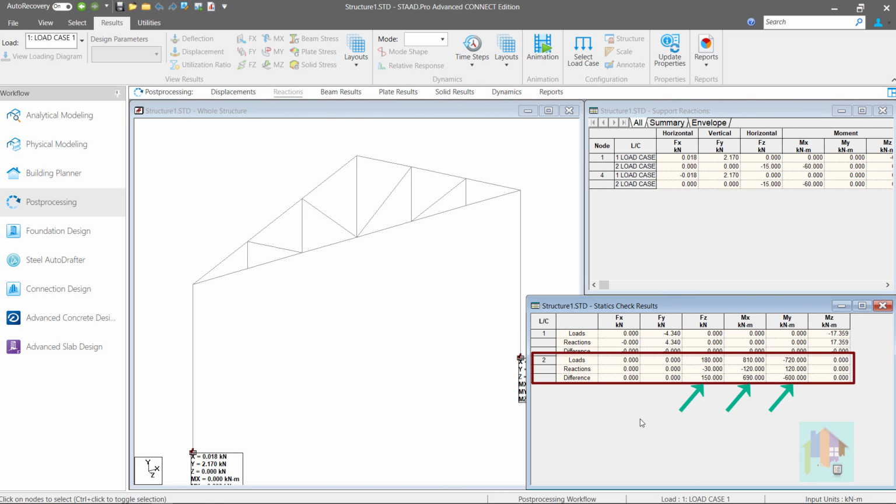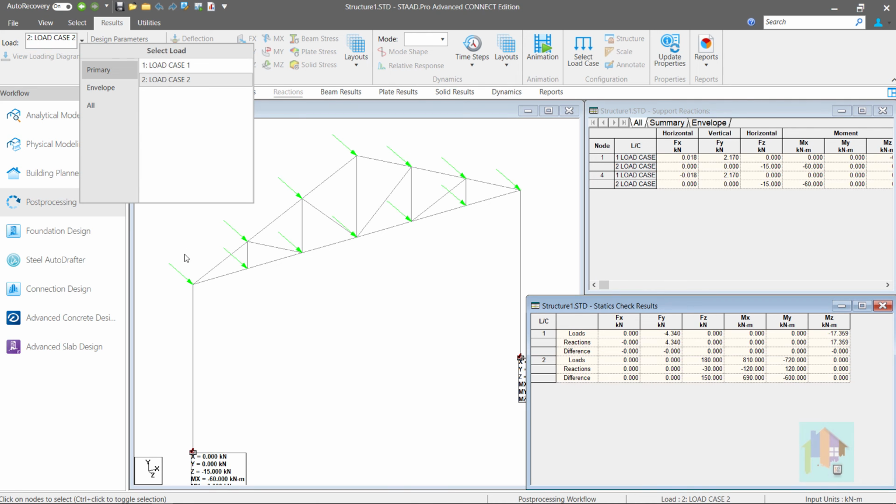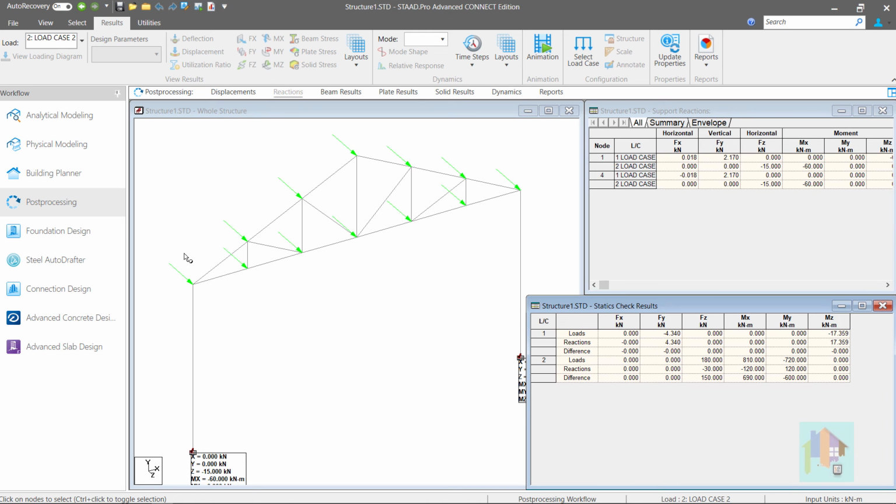See the difference? This means whatever load is applied on the structure is not transferred to the support. The reason is there is no stiffness at the truss level in Z direction and load is applied in this zero stiffness direction. So, no load path exists for this out of plane load. Hence, the load is lost.